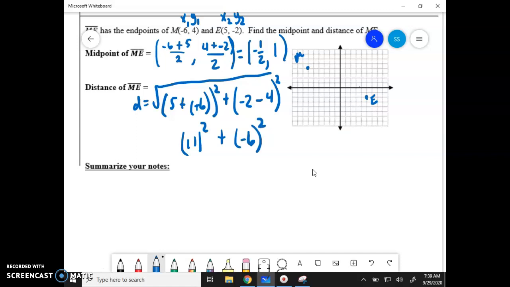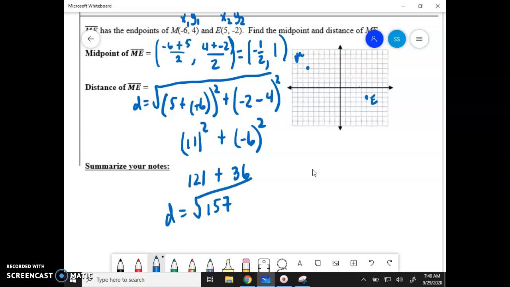And now we're going to square them and combine them. 11 squared is 121 plus 6 squared. Make sure when you do this, this is in parentheses, otherwise your calculator will not recognize this negative. So -6 times -6 is positive 36. Now we add those together and I get 157. And don't forget, we still need to take the square root of this.